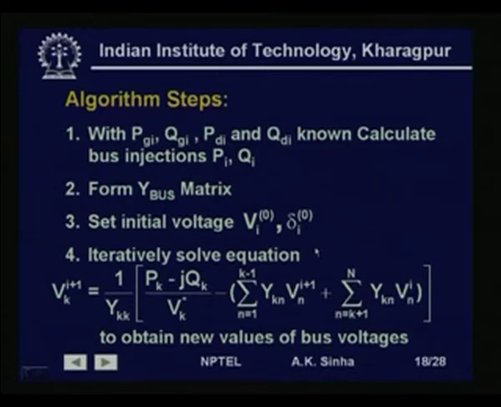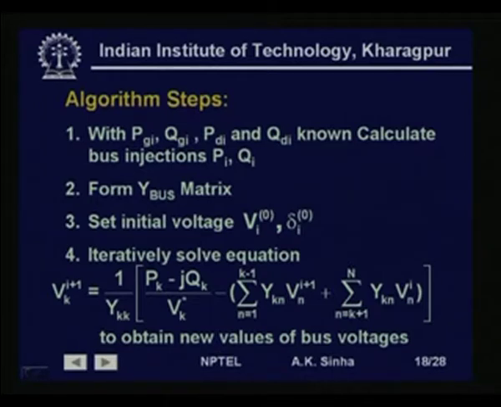So, we can see the algorithm steps. With PGi, QGi, PDi and QDi known, calculate the bus injections Pi and Qi. Form the Y bus matrix. Next, set the initial voltage Vi0, delta i0. You can use a flat voltage start, that is Vi0 equal to 1.0 per unit and delta i0 equal to 0 degrees.